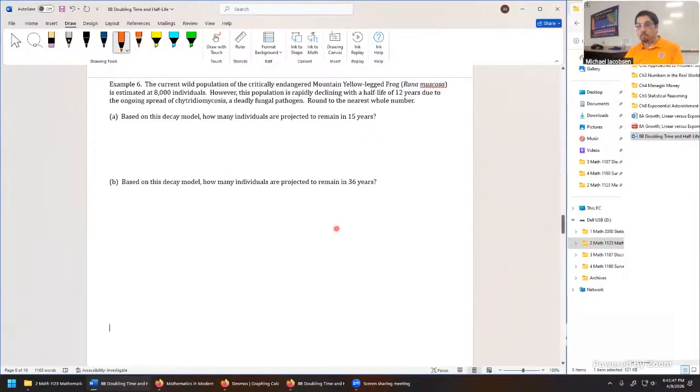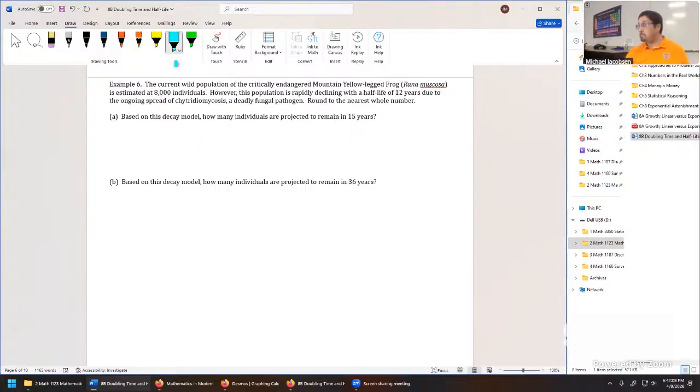This one looks like it's an ecology kind of problem. We're looking into a population of critically endangered mountain yellow-legged frogs. So a real species, critically endangered, unfortunately. It's estimated to be at 8,000 individuals.